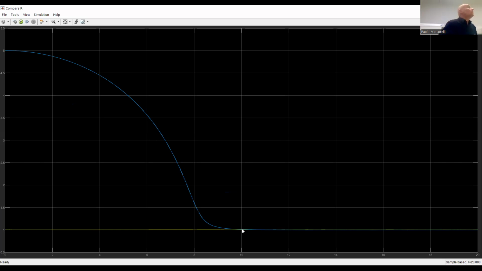Everybody can see what happens. The error is extremely large, 5 times. The Kalman filter needs time to understand. At this time, I get also the current. But very important, at this time we should also meet the capacitance. Let me show you.